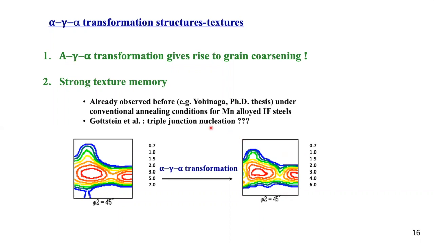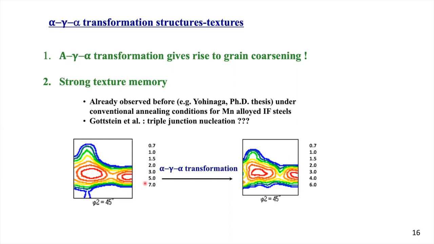Because before you want to apply a new model, or you want to check if you really understand something, if you don't understand it on an IF steel, the chance is very small that you will understand it on a more advanced structure, which has different phases.